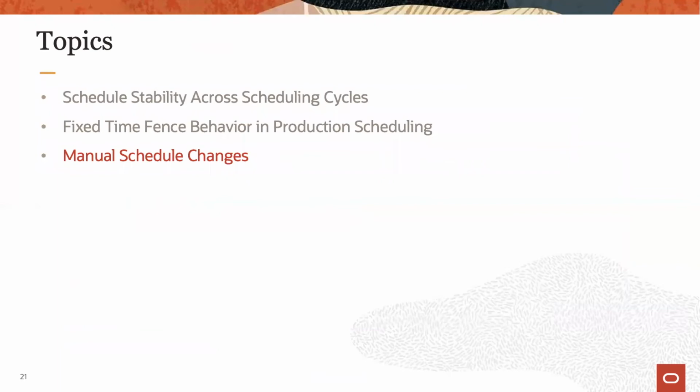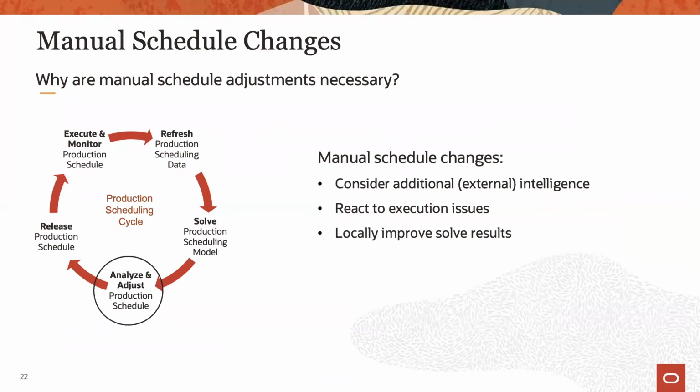Now, the last topic of this lesson is concerned with manual scheduling. Manual scheduling is performed as part of the analyze and adjust step of the production scheduling cycle. There are different reasons that warrant the use of manual scheduling.